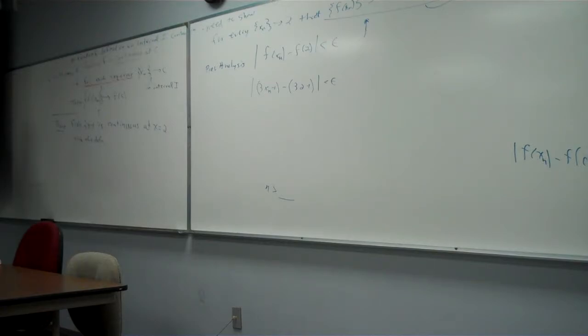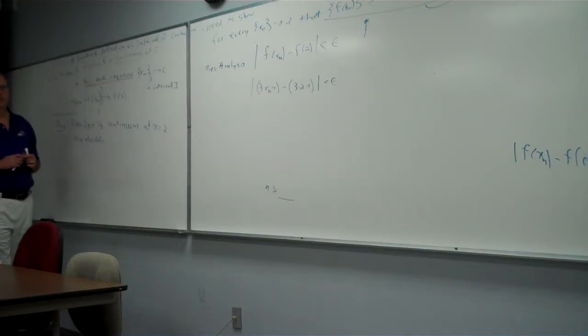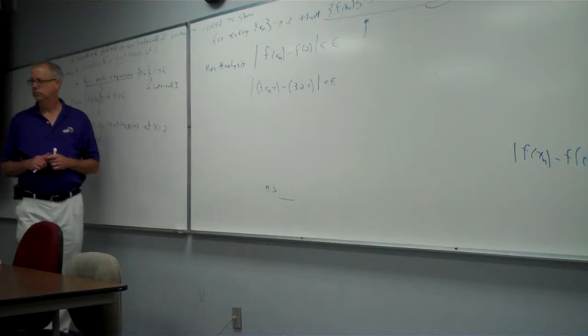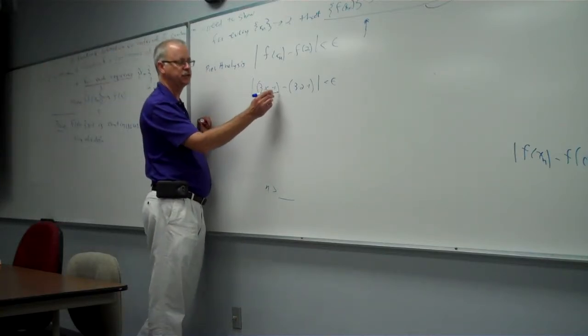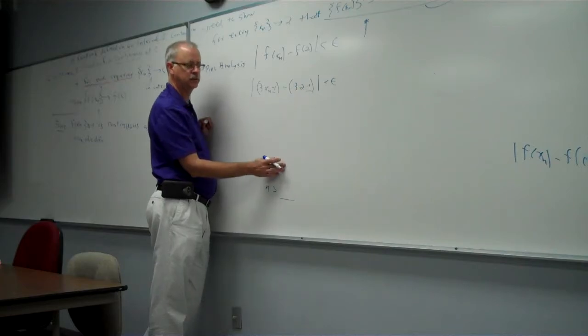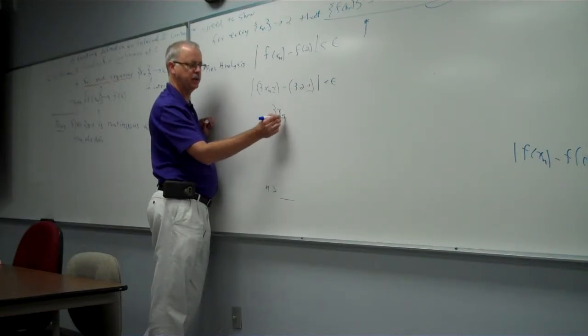Okay, what can I do with that? It would be easy just to simplify first. Okay, so we start simplifying. What do we have here? Minus 1 minus a minus 1. So this is what? 3x sub n minus 6.